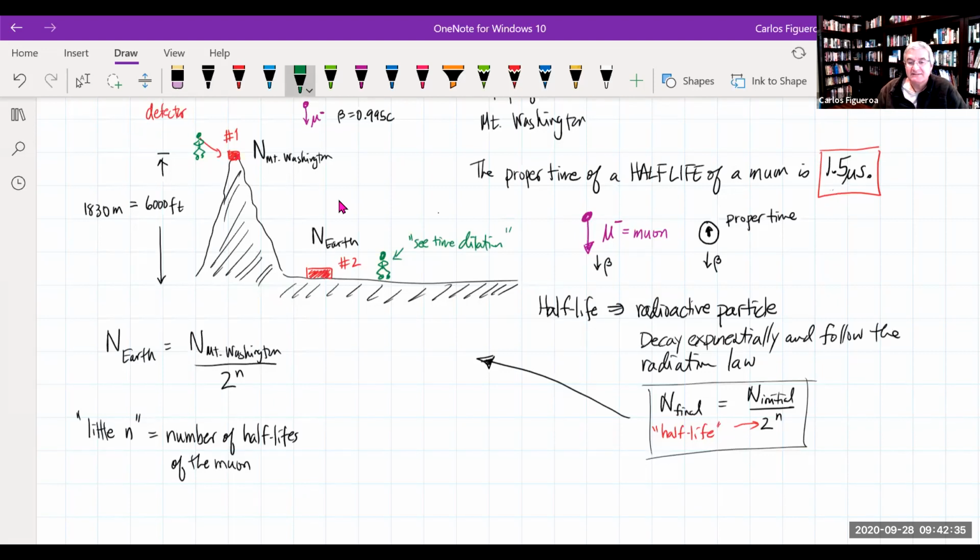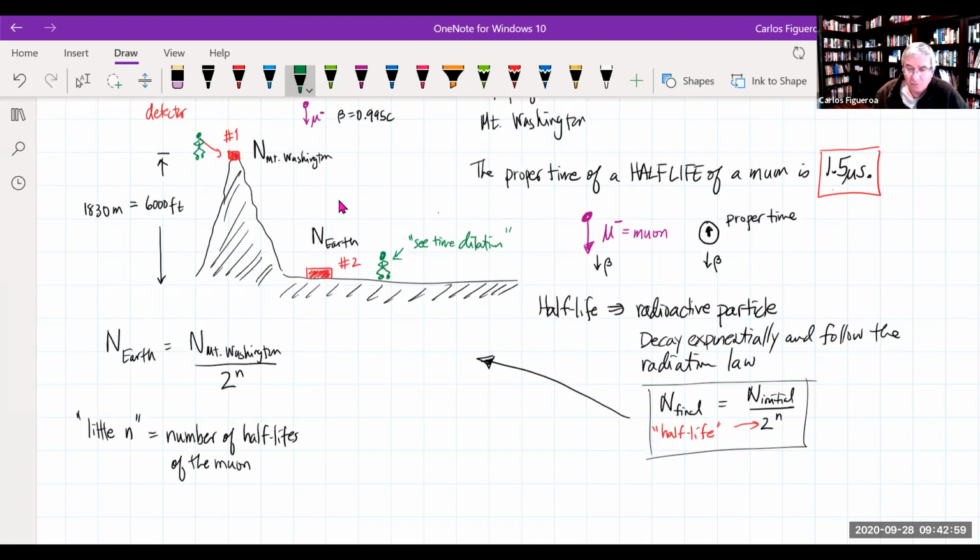And because they see time dilation effects, we know that that 1.5 microseconds, the proper time of the muon, is going to be time dilated. That means it's going to last longer as it goes from the top of the mountain all the way down to its base here.